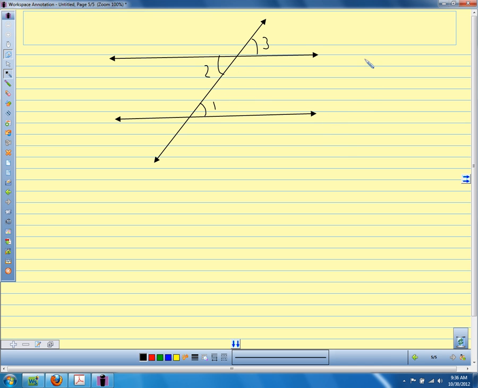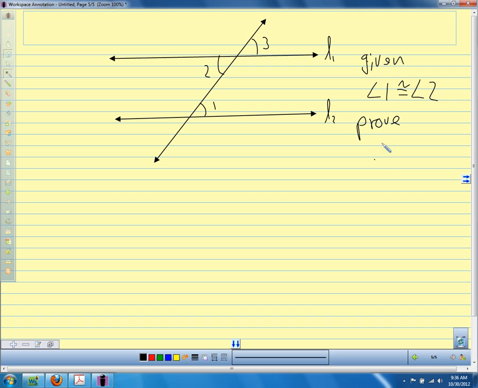So we're given that angle 1 is congruent to angle 2. We want to prove, we'll call this L1 and that L2, that line 1 is parallel to line 2.